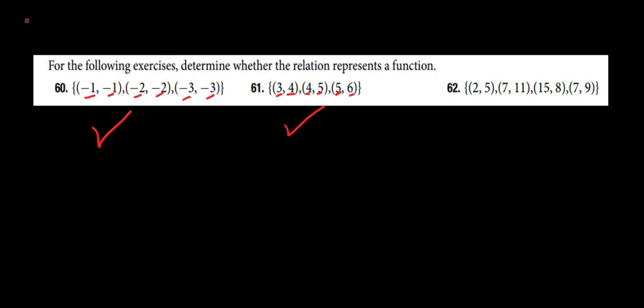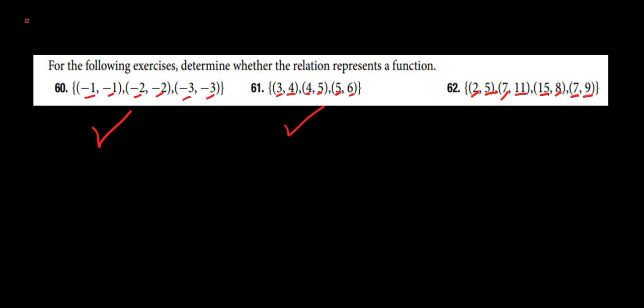Let's now look at question 62. 2 is an input value with an output value of 5. 7 is an input value with an output value of 11. 15 is an input value with an output value of 8. 7 is an input value with an output value of 9.